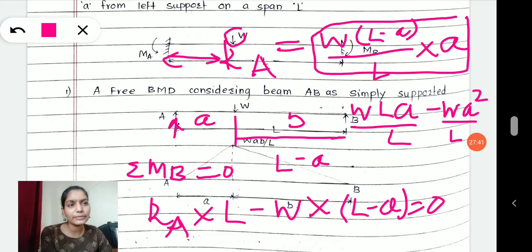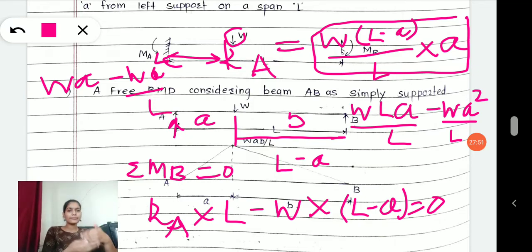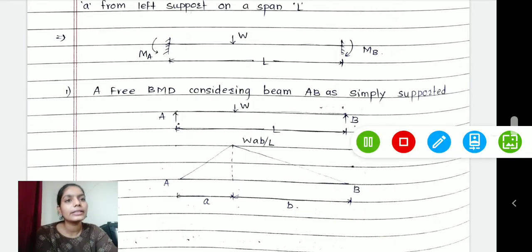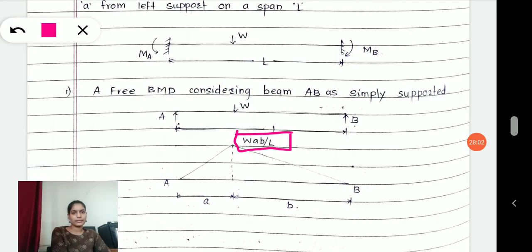So it will remain W into A minus WA square divided by L. Now if you simplify it further, it will give you the bending moment at this point as WAB by L.